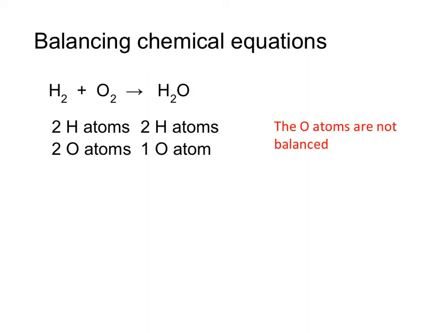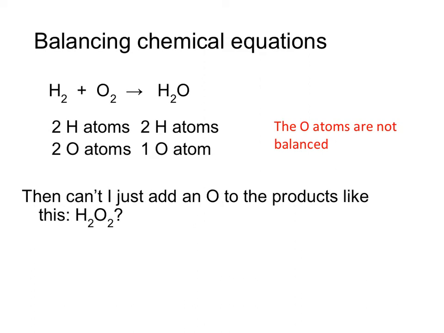We look at how many of each atom we have on both sides. We see that we have two hydrogen atoms and two oxygen atoms in our reactants. In our products, we have two hydrogen atoms, but only one oxygen atom. So we say that the oxygen atoms are not balanced. We do not have the same number on both sides of our equation.